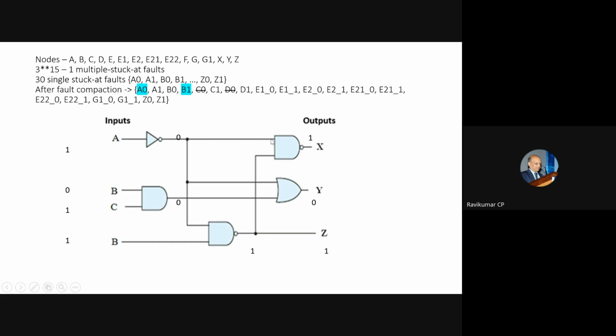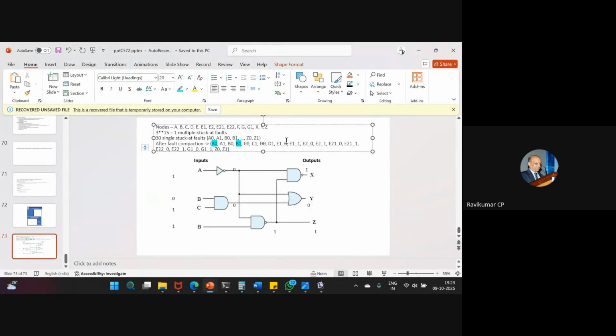If this becomes 0, it doesn't really help because we already have a 0 here. So the good and the faulty circuit will not behave any differently. E1 stuck at 1 will get detected because if this is stuck at 1, and this is 1, so x will change to 0.